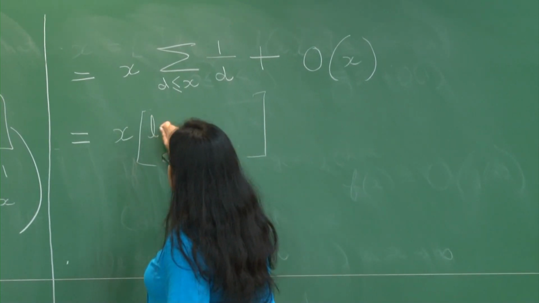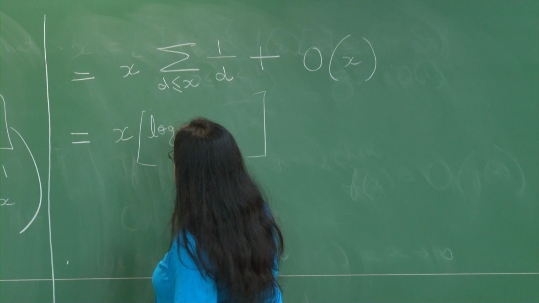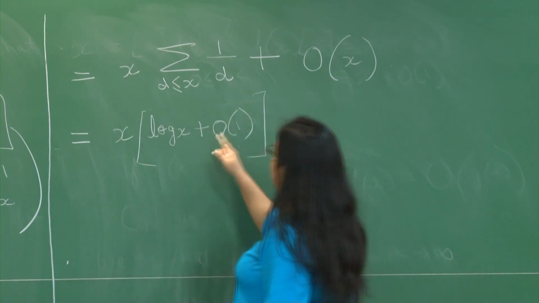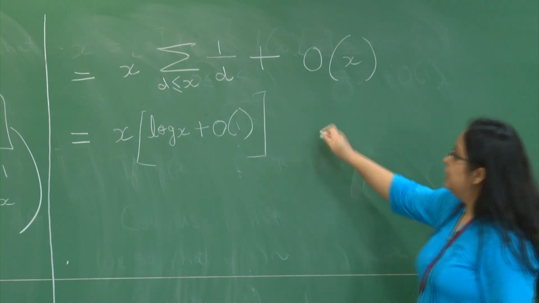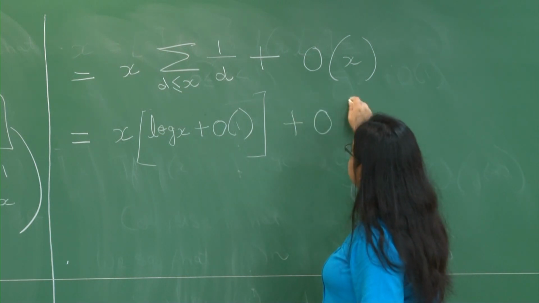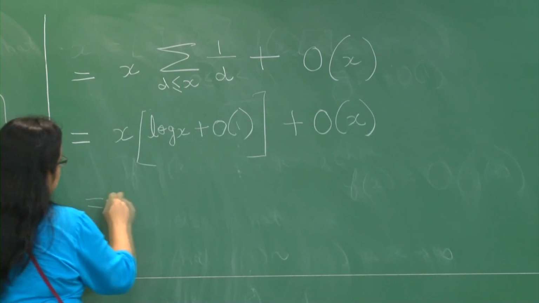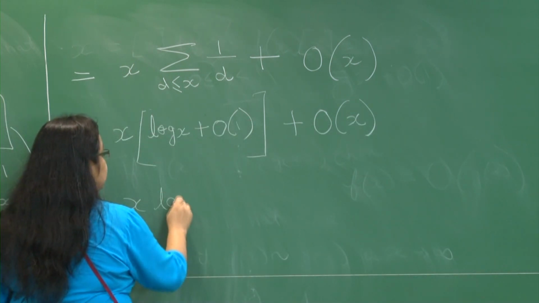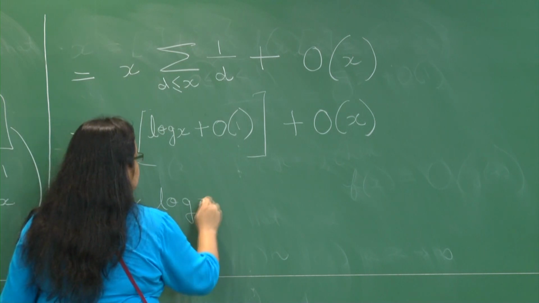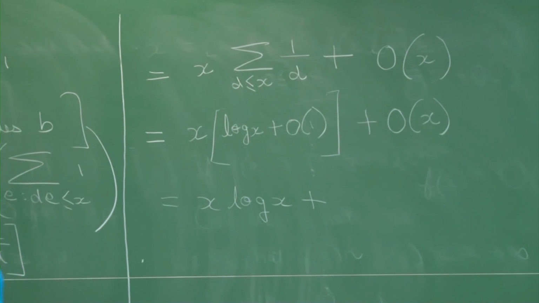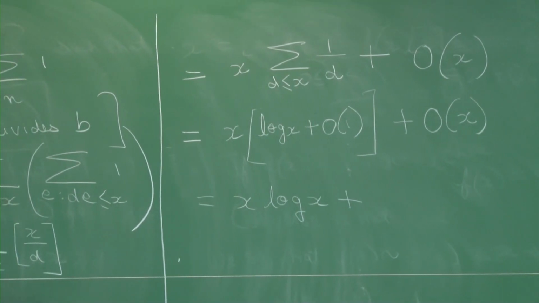So, it turns out that this is just log x plus O of 1, and you already have x outside. So, this is x log x plus x times O of 1, which can again be written as O of x.